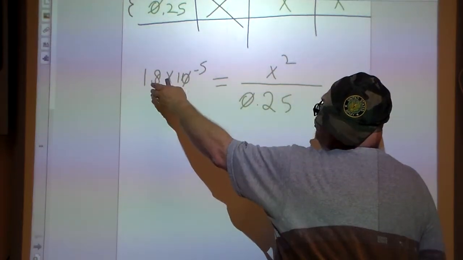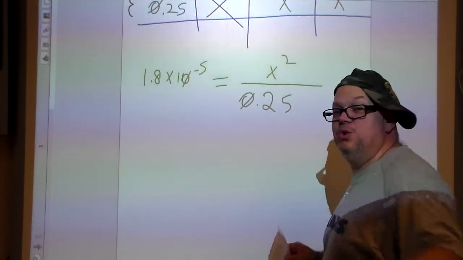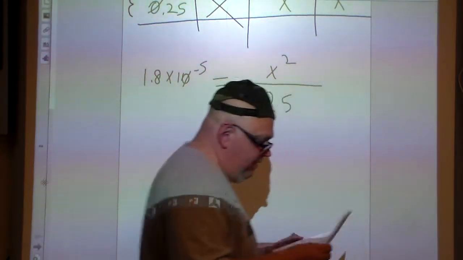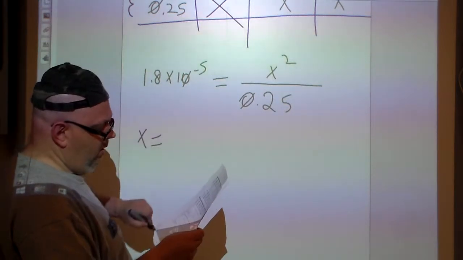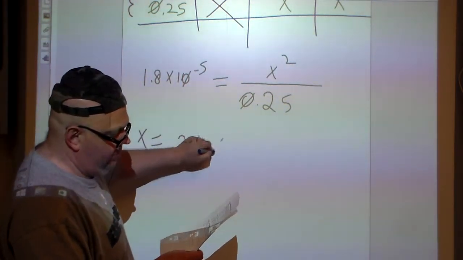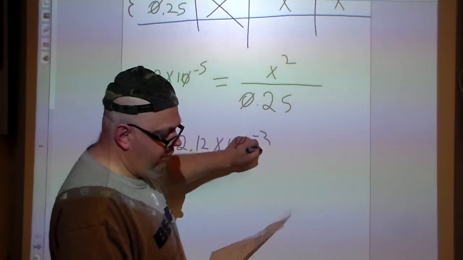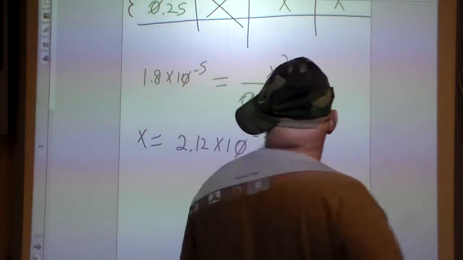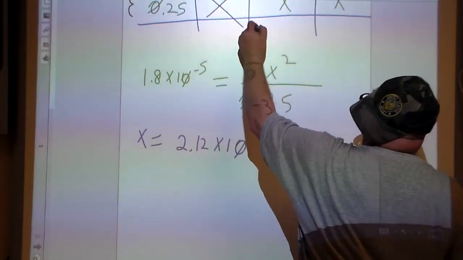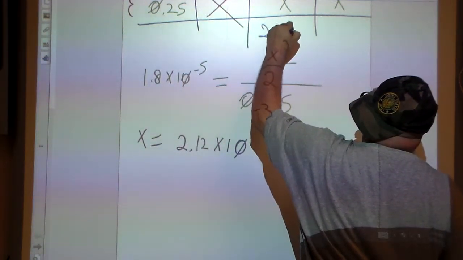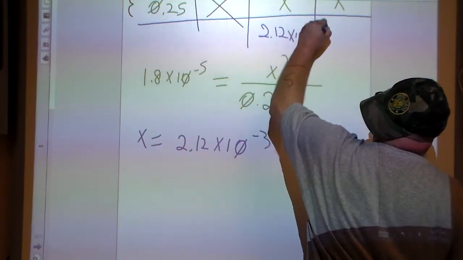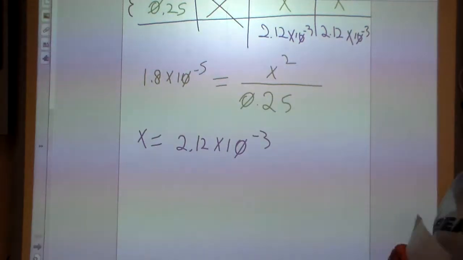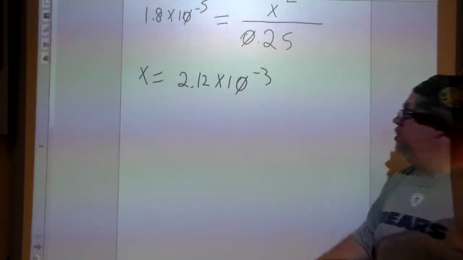Then you'll have this multiplied by 0.25, you take the square root of it, and you'll find out that x is going to equal 2.12 times 10 to the negative 3. Great, we got the equilibrium concentration.